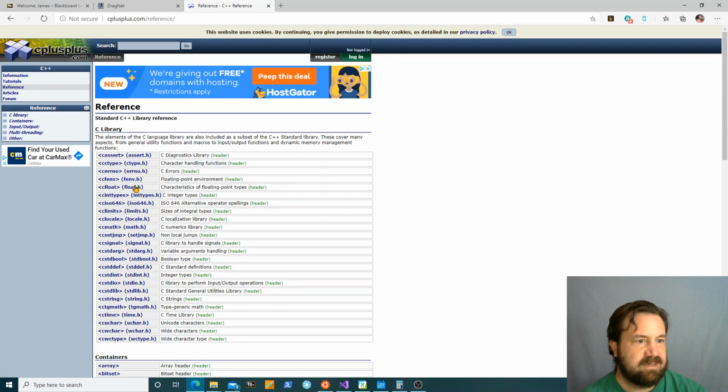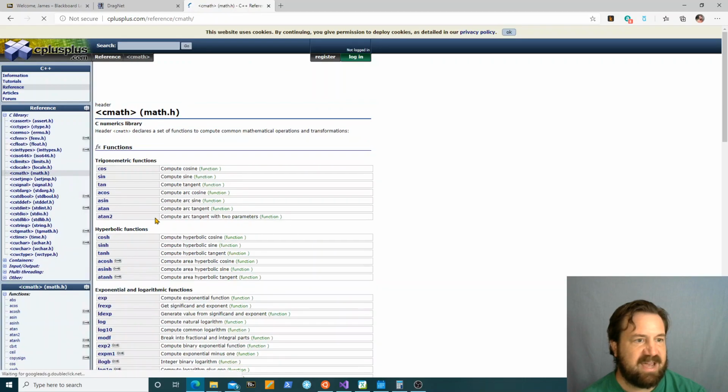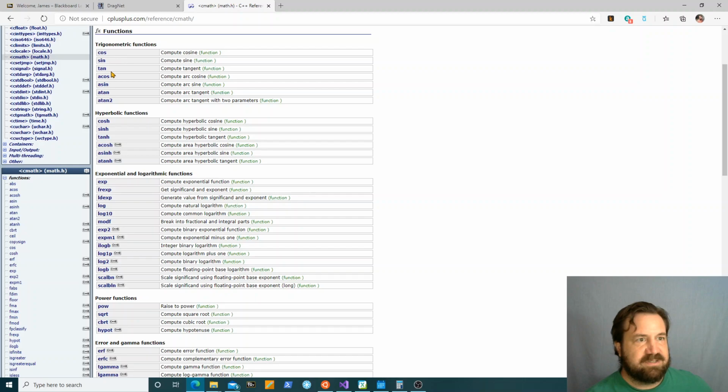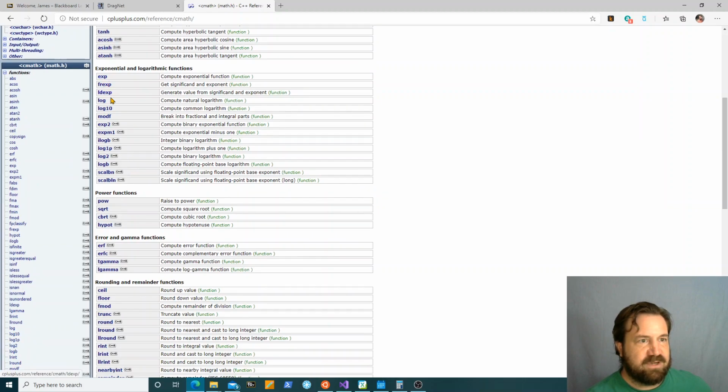And here in our C library is cmath, and you can see that there are trig functions, all the ones you'd expect to be there, hyperbolic trig functions, exponential functions. Note that log in almost every computer language means the natural logarithm. Log10 is what you normally think of as log, the common logarithm. There's also a log base 2 for what's called the binary logarithm.